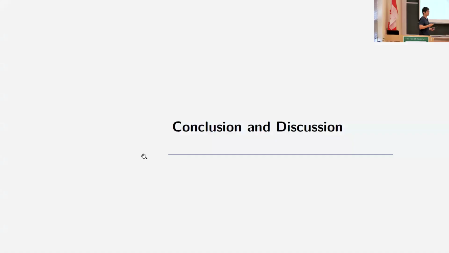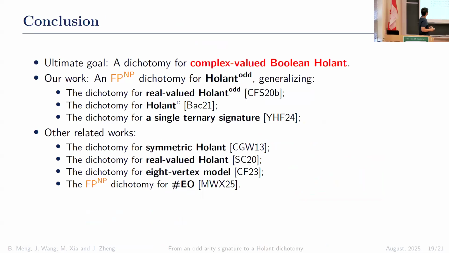Okay, now I'm going to conclude these results. To conclude, our ultimate goal is still to establish a dichotomy for complex-valued Boolean Holant. Our work has already given an FP^NP dichotomy for Holant odd, which means that there exists a signature of odd arity in the signature set.